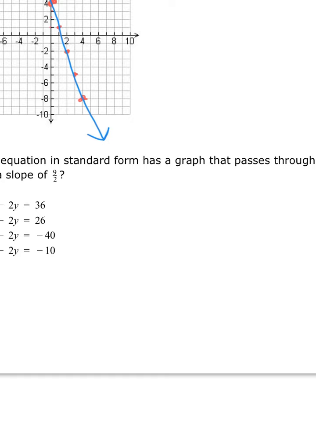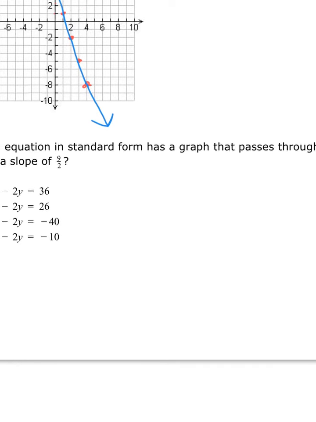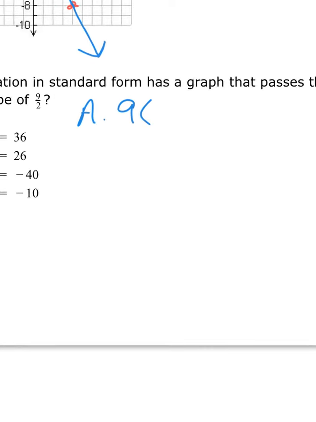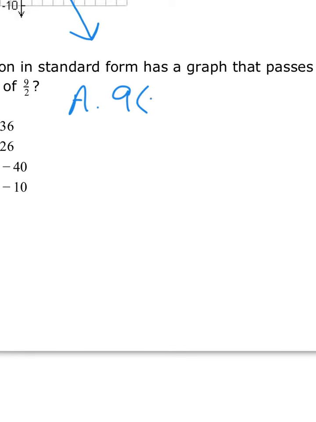So for A, let me zoom in some. For A, I'm going to say 9 times, what's my X value? -4, minus 2 times 2. Does that equal 36? So this is where you would use that true false in your calculator, right? False. So could A be the answer?